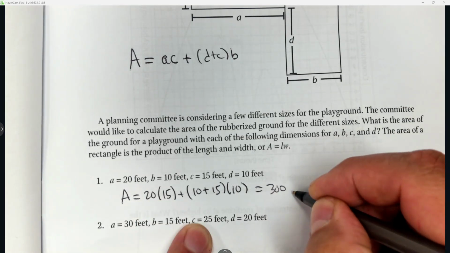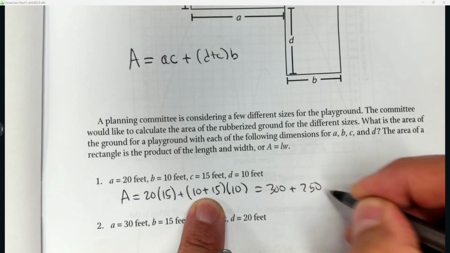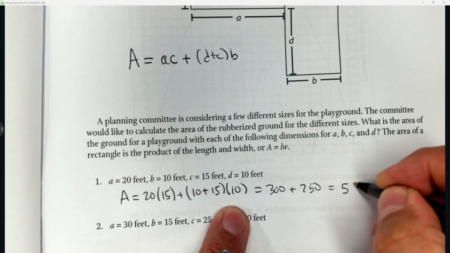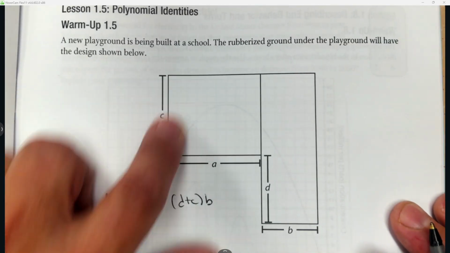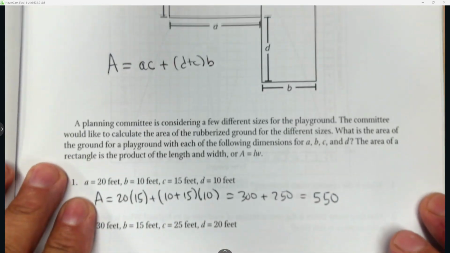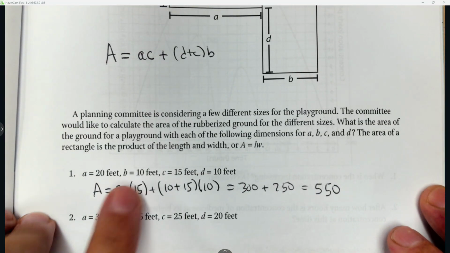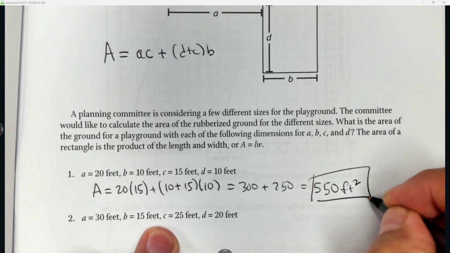That's 300. This is 25 times 10, and then altogether I get, and I like units if we have them, 550. Does it tell me what the units are in? Doesn't tell me any unit. Oh, it does say feet. So it's 550 feet squared.